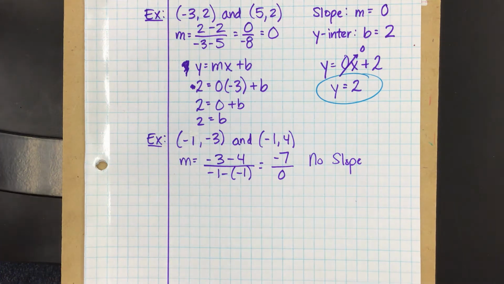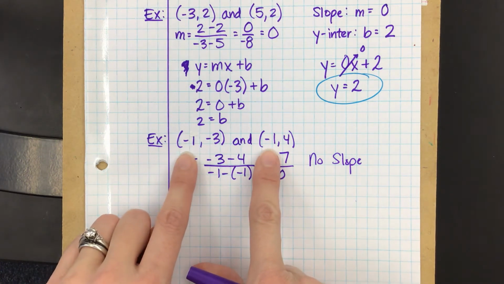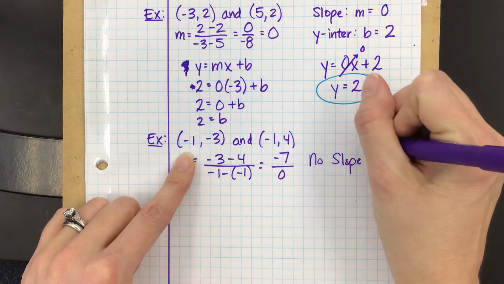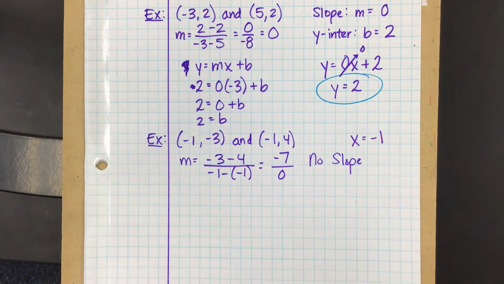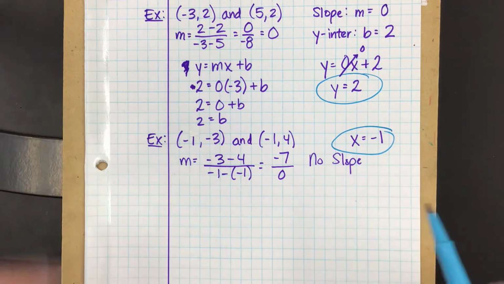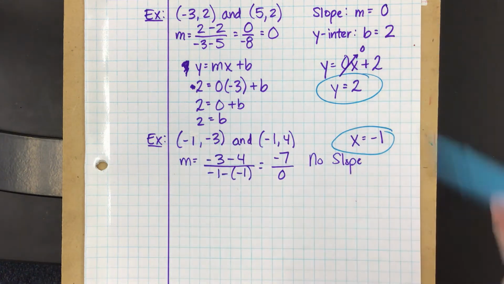Now, you can figure out what x is equal to by looking at these 2 points. Since they're both -1, then we know that the equation is going to be x is equal to -1. So this is the only one that totally doesn't follow the rules. You can't put in the slope and the y-intercept to find out what it is, because there is no slope, okay?